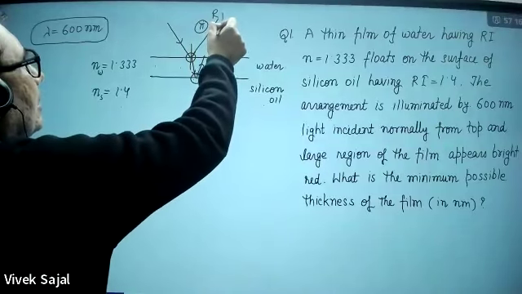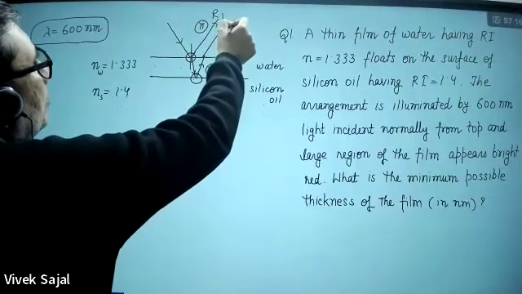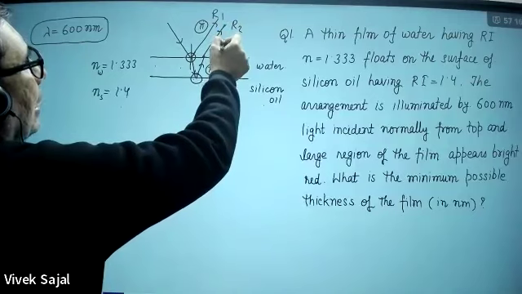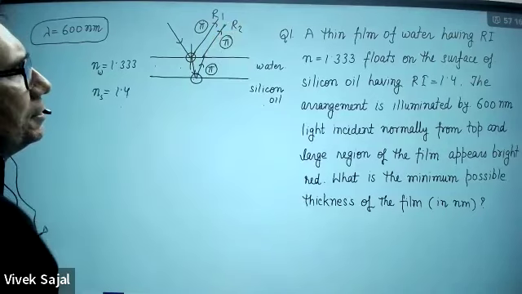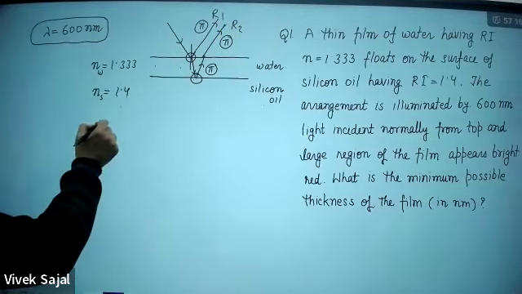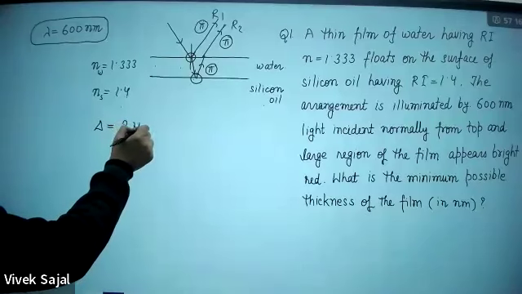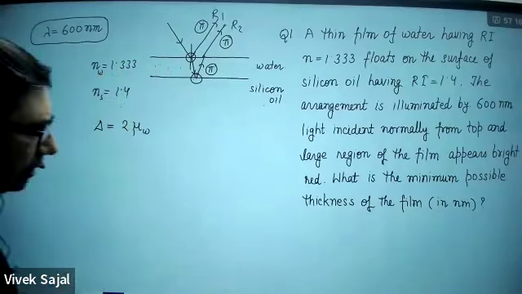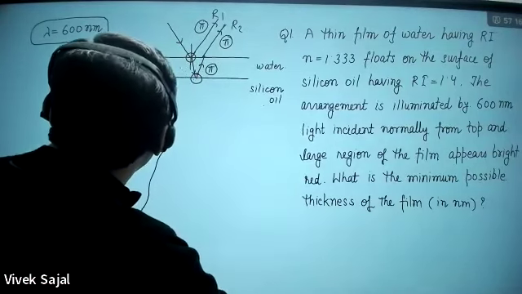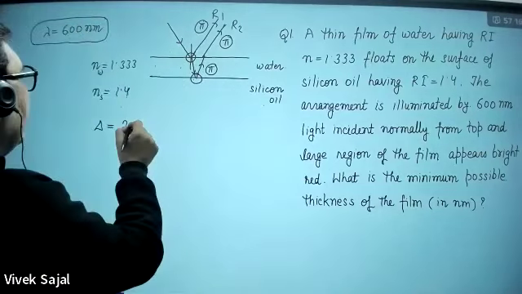So automatically in both R1 and R2, remember this, an extra phase of pi will be there. So what will be the path difference between R1 and R2? Delta will be 2 mu, and the film is made of water, so I'm writing W, or I can write it as NW.